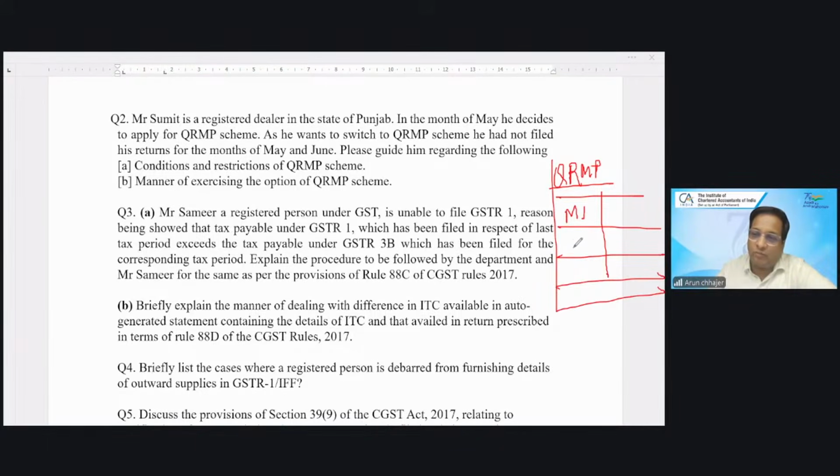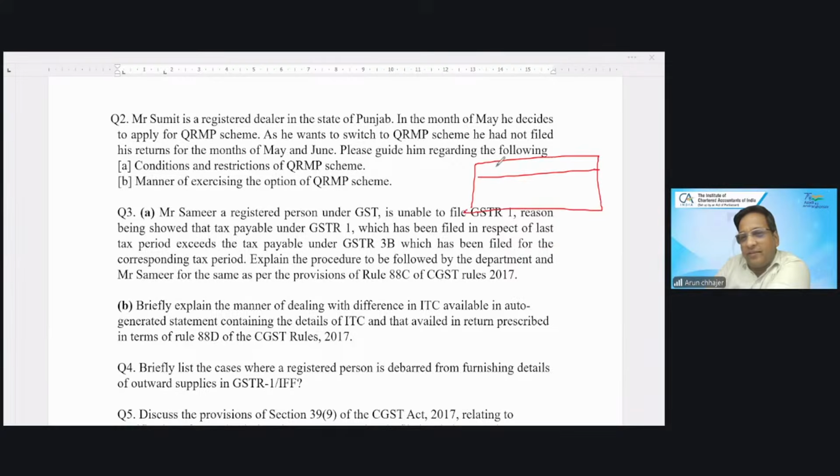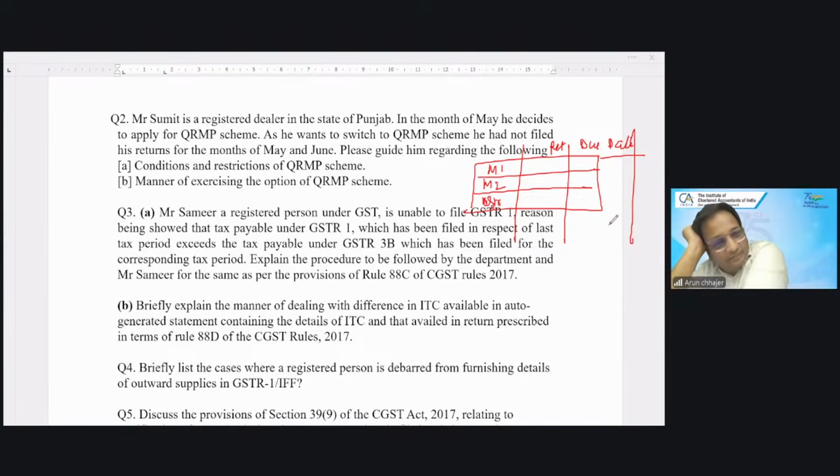For month 1, for month 2, and for the quarter. Tell me what the QRMP due dates are, which return is filed for month 1, what the due dates are. Tell me everything, whatever you know. For month 1, month 2, quarter, month 3, the returns, the type of return, and the due date. Everything, whatever you know, please tell. You have 2 minutes, kindly revert.